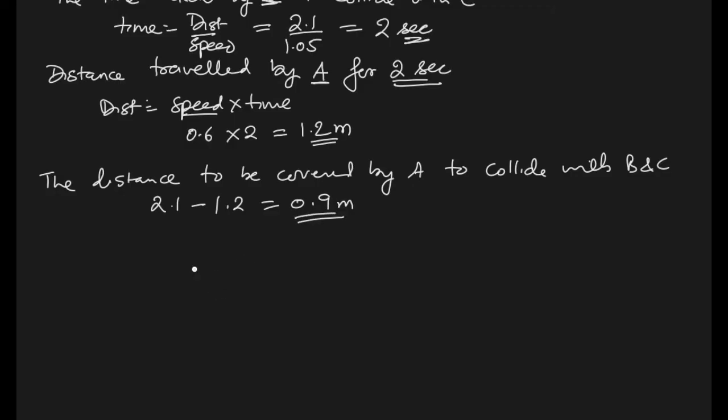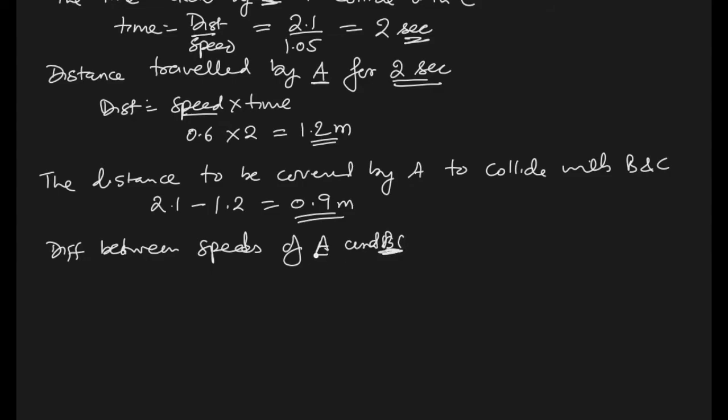Right? Now, how will that be covered? By the difference they have between their speeds. So the difference between speeds of A and BC.